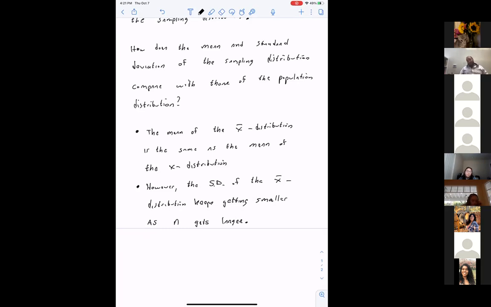Is there a possibility that the average of 10 people will be 6.5 feet tall? Sure, it's possible. How likely is it that the average of 10 random people is 6.5 feet versus finding one person who's 6.5 feet? Which one of those is more likely?